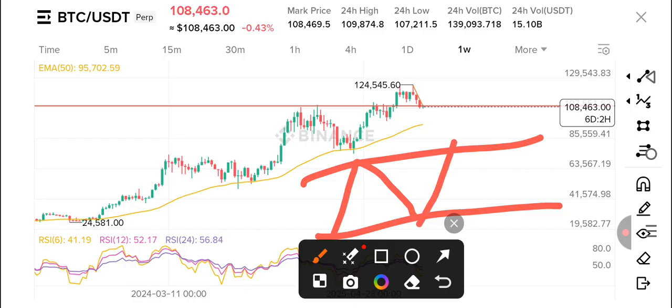Why? Because anytime the market comes down here, people feel that the price of that commodity is very low, so they buy more. Anytime you see that many people are rushing to buy a particular commodity or product, the price of that product is likely to shoot high, because demand is high.